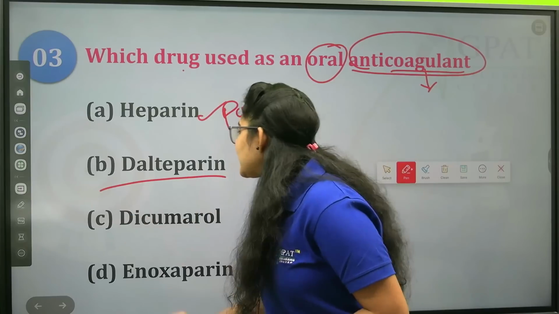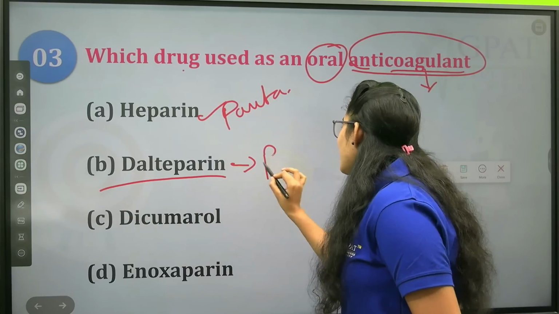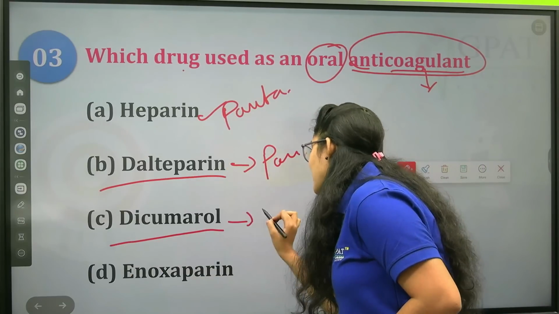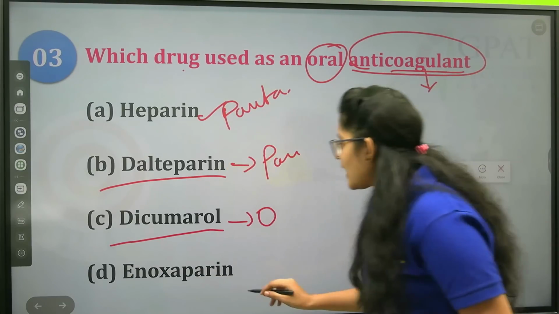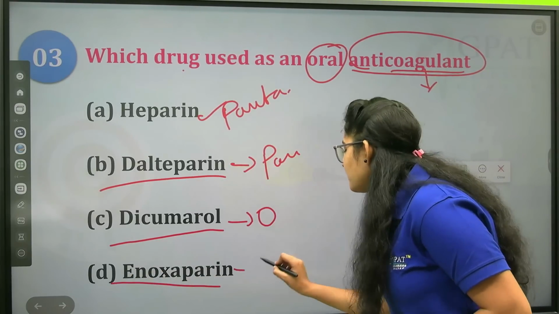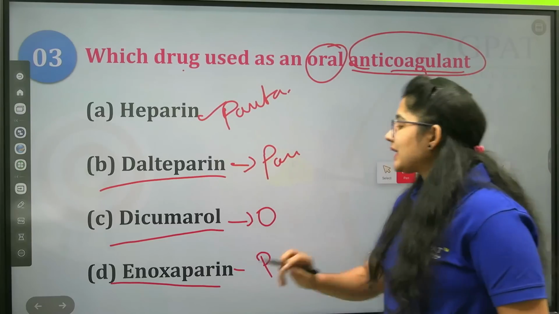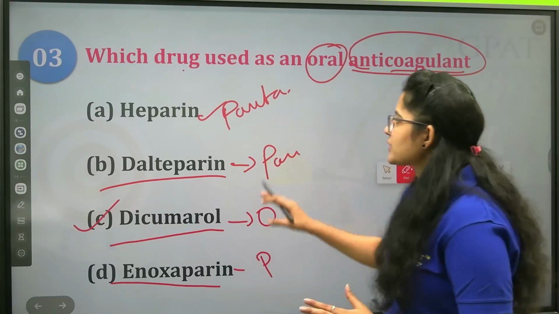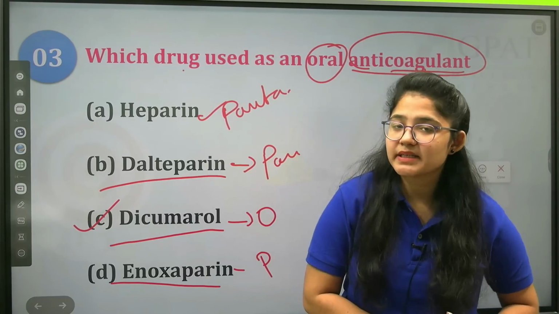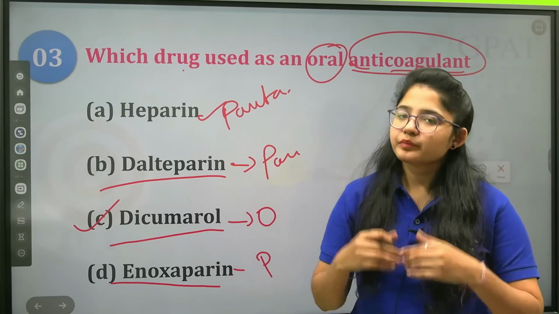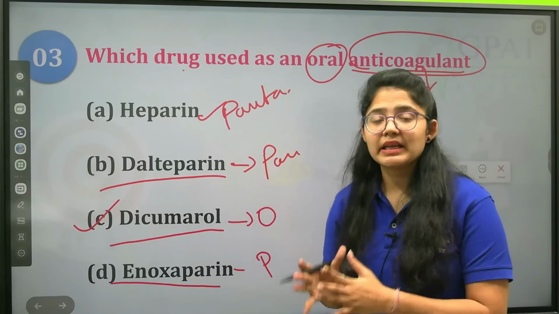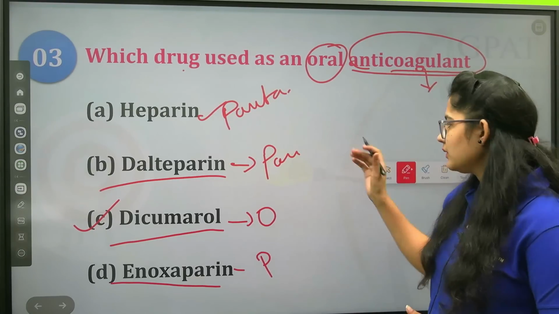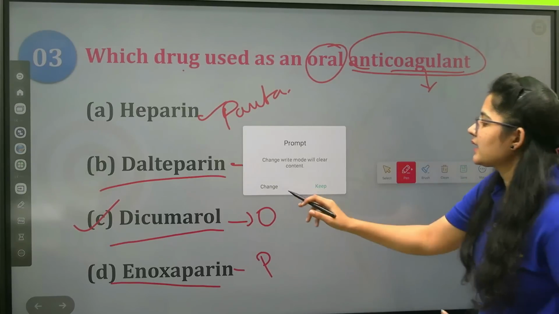Dalteparin is also given via the parenteral route. Dicumarol is given by the oral route. Enoxaparin is given by the parenteral route. The correct answer will be dicumarol. Clear? Also, they work by directly or indirectly inhibiting thrombin synthesis. Clear? So, this will be your correct answer.